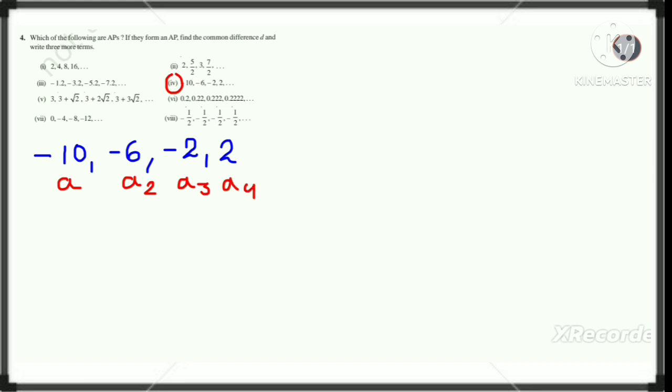Now we have to check whether it is an AP or not. For that we need to find its difference. So firstly let's find the difference between A2 and A. A2 equals minus 6 and A equals minus 10.